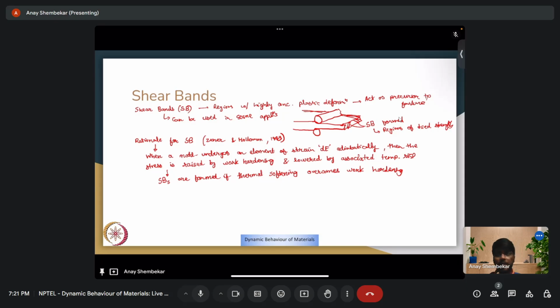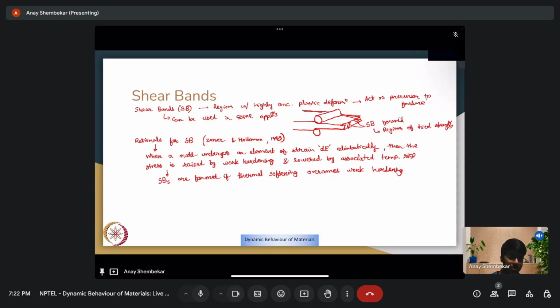So you can theoretically understand that if the deformation rate is sufficiently high so that the process can be considered adiabatic and the temperature rise associated with it is sufficiently large, at some point thermal softening can overcome work hardening.